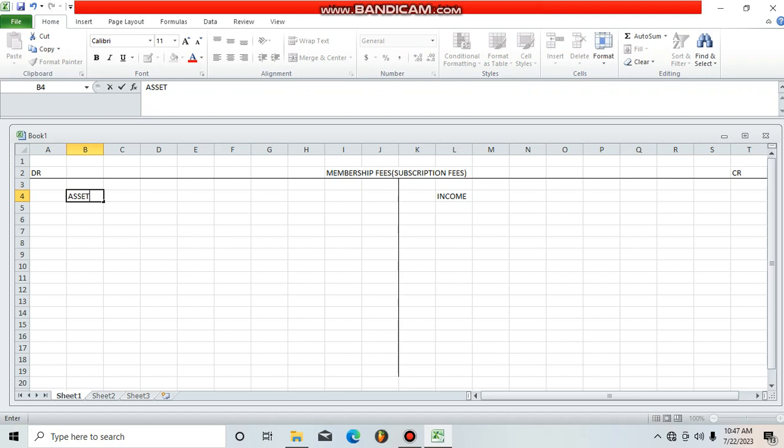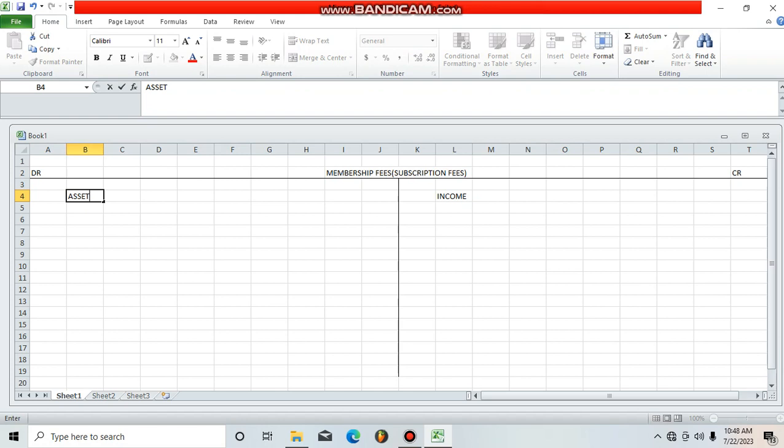Under the non-current assets we only have fixed assets and financial assets. Under the current assets we have inventory, cash and cash equivalents, and debtors control. So it behaves like an income on the credit side and as an asset on the debit side.